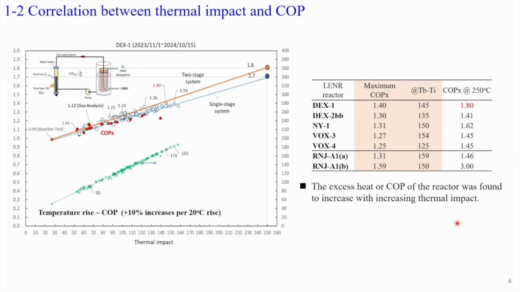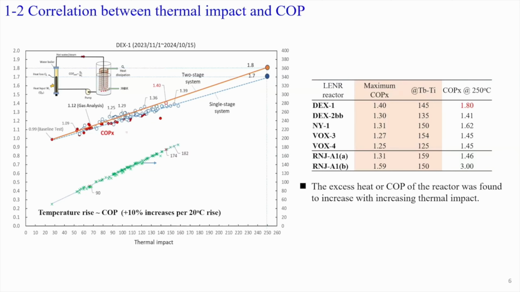By the way, since we also found some correlations in several types of our other reactors, that the greater the thermal impact, the better COP we could get, the idea of increasing the thermal impact in our reactor through the reinforcement of the abnormal temperature rise effect has quickly come to our mind.